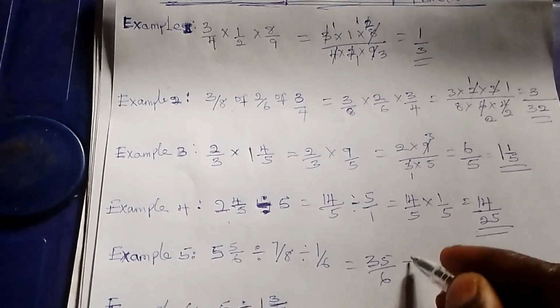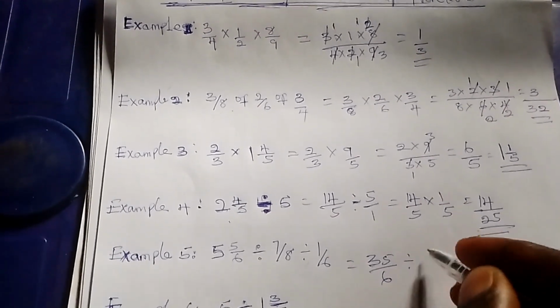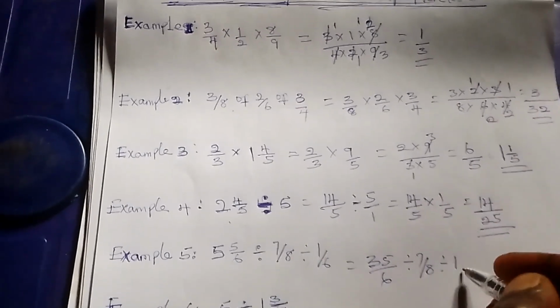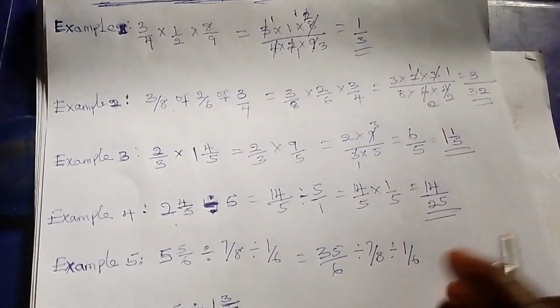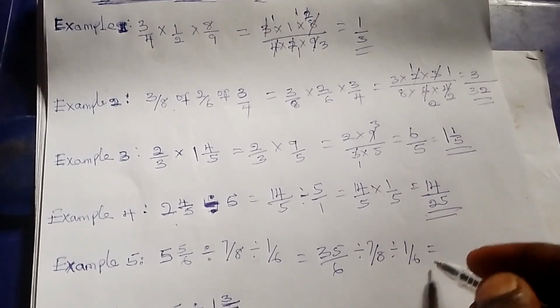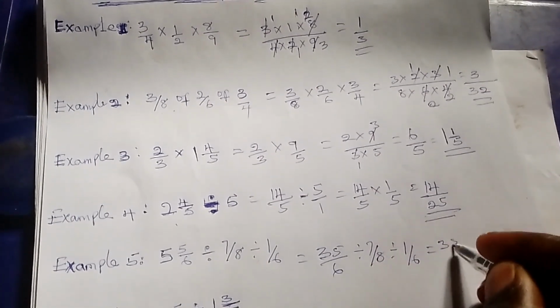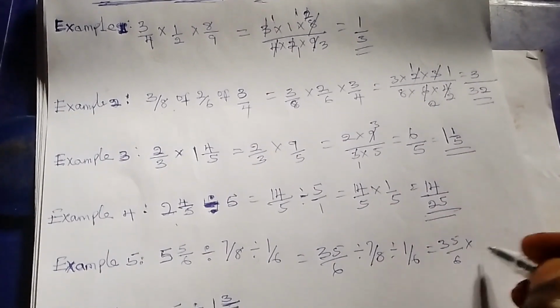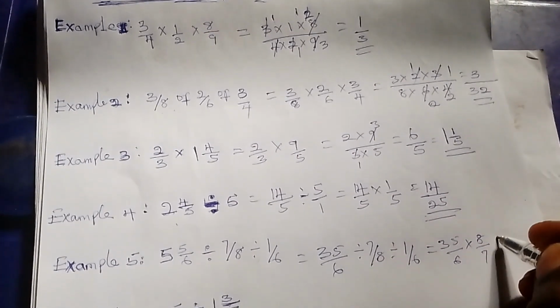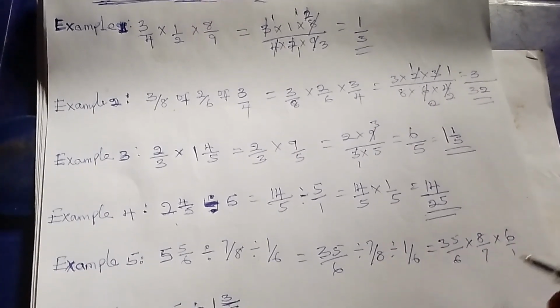Then divided by 7 over 8 divided by 1 all over 6. At this juncture, you multiply by the reciprocal: 35 all over 6 multiplied by 8 all over 7 multiplied by 6 all over 1.